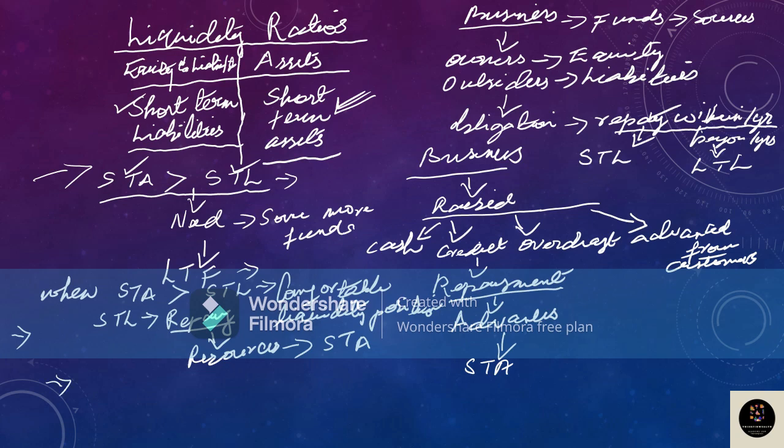Suppose you have to repay 20 million, and you are having short-term assets or resources of 25 million.